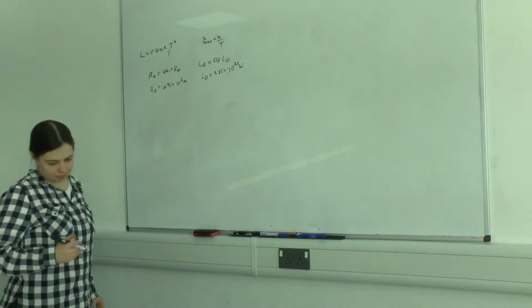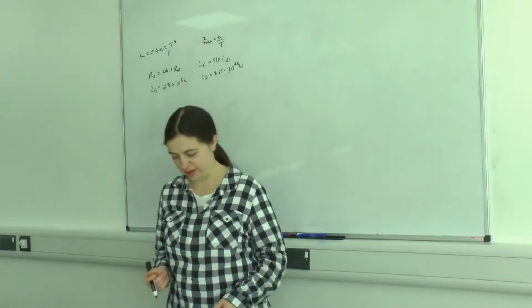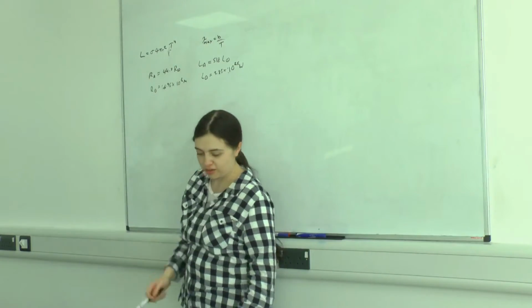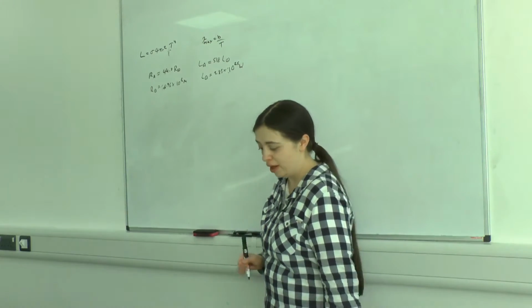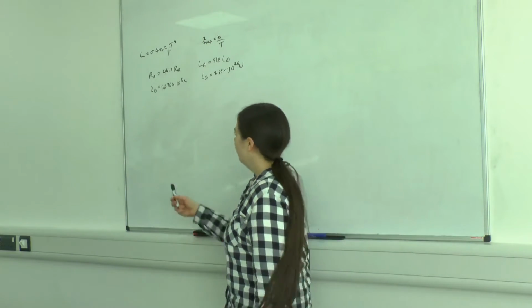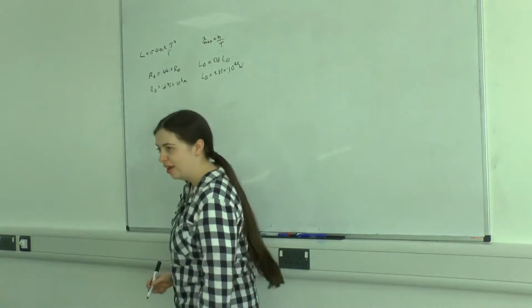Right. So the first thing they want you to do is use Stefan's law to calculate a value for the surface temperature of Aldebaran. First thing you need to do is convert these into SI units.